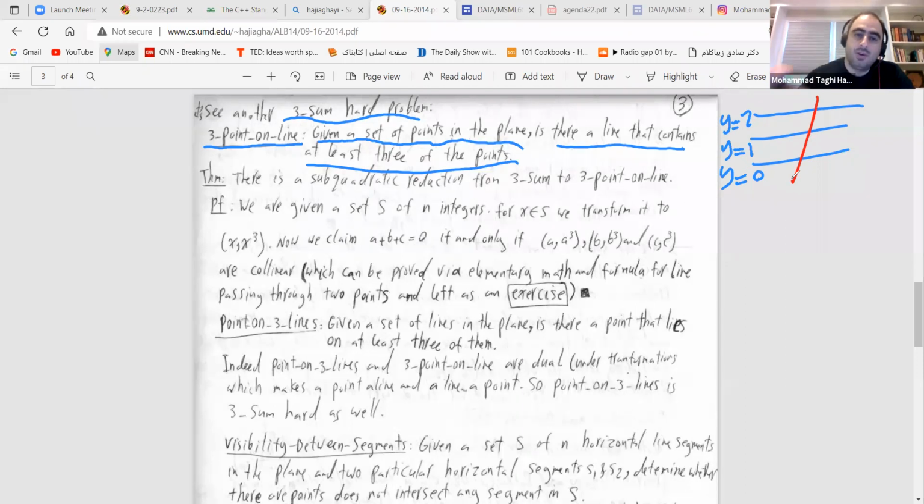You are given a set of points. They can be in other places. So these are the set of points that are given to me. And the question is whether there is a line that goes through 3 of them. So there is no condition of non-horizontal or something like that.